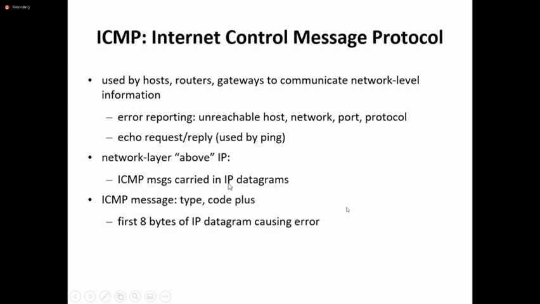Then these messages are also carried in IP packets, right? These ICMP messages or packets are sent in IP packets. So these messages are embedded in the packets as a type and a code. The first 8 bytes of the IP datagram will be the error.